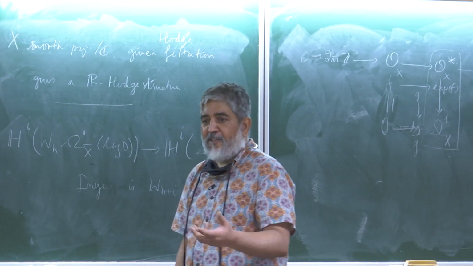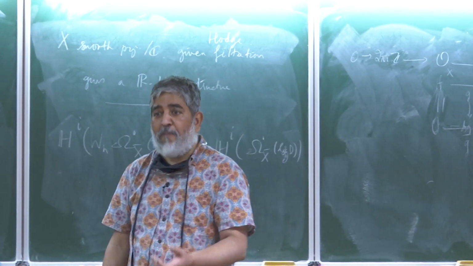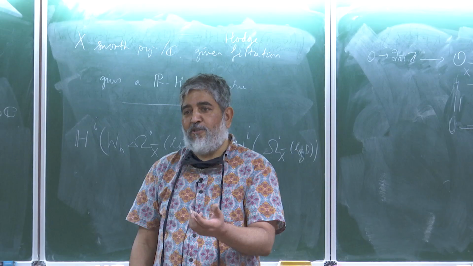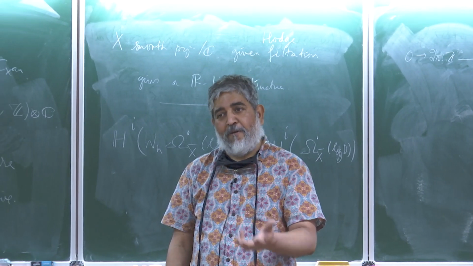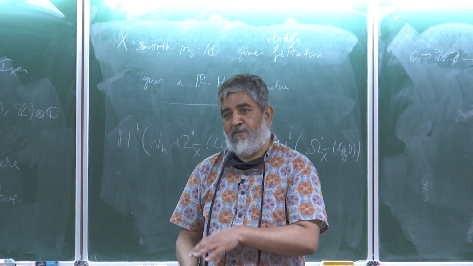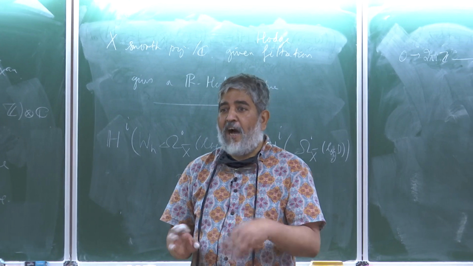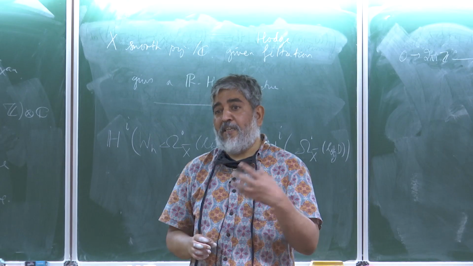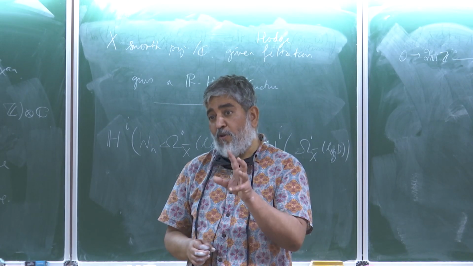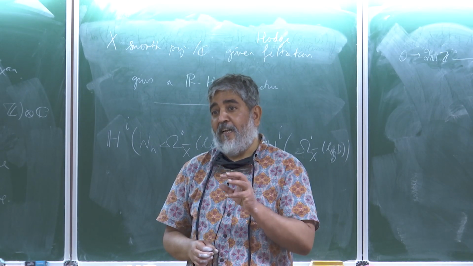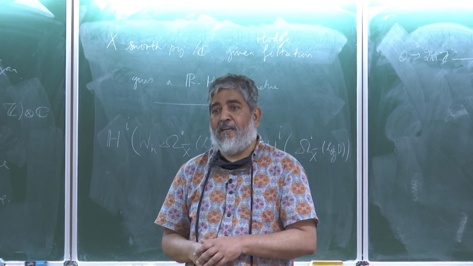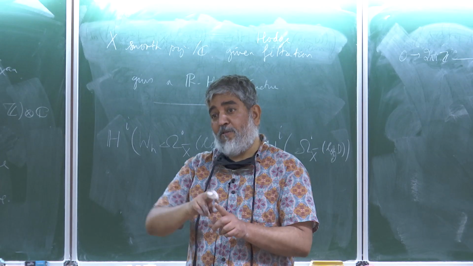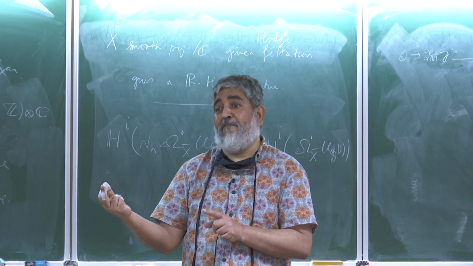Suppose you had a variety which is defined over Q, say P1, then it makes sense to do this entire calculation of de Rham cohomology of P1. Okay, and you can write down its class. Now you can ask, what is the Q cohomology? So now you've got two Q vector spaces sitting inside the C vector space of the cohomology of P1. The algebraic de Rham cohomology of P1, and now you want to compare it with the singular cohomology of P1 analytic.